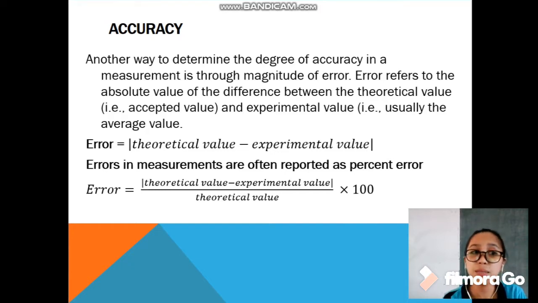And after that, below 95% means you need to identify the sources of the error. We are going to talk about the sources of the error later.